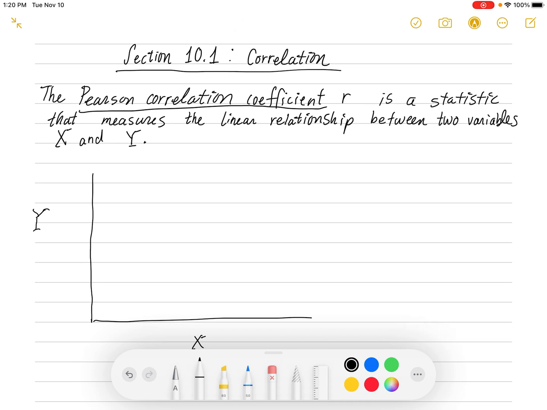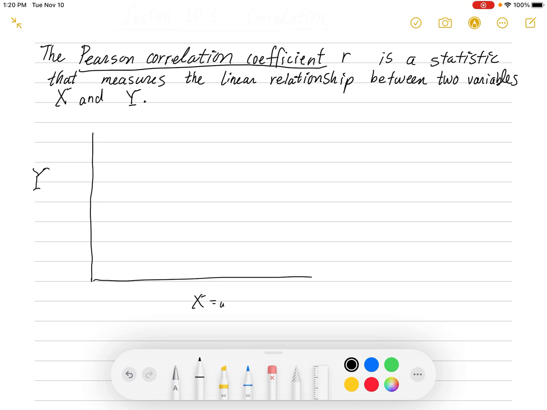Maybe let's say x is, for example, weight. And let's say y is height. And let's say we're talking about weights in pounds and height maybe in feet. And let's say our weights are starting here at 100, 120, 140, 160, 180, 200, 210, 220.